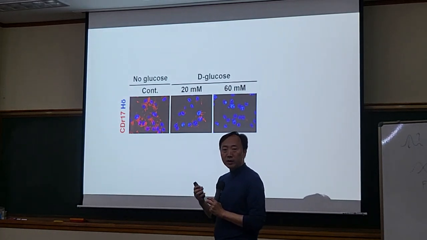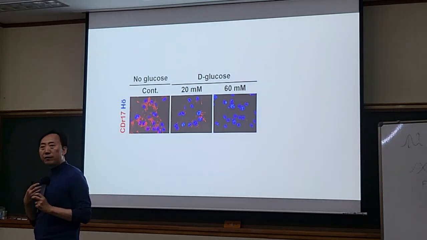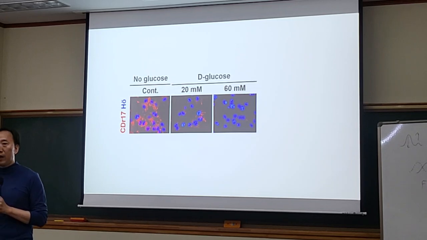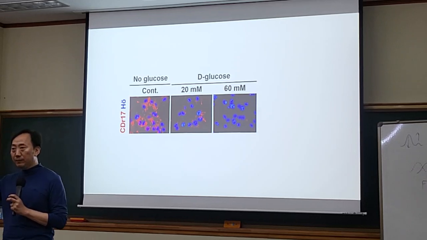Here, one important control experiment: glucose is an important nutrient for our body, but at the same time, high glucose is always a problem. Diabetes is induced by extra high glucose. Glucose is a toxic nutrient, which has an aldehyde.